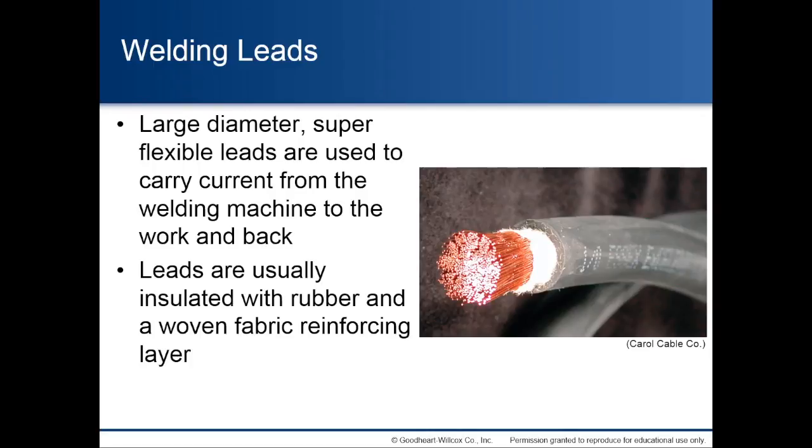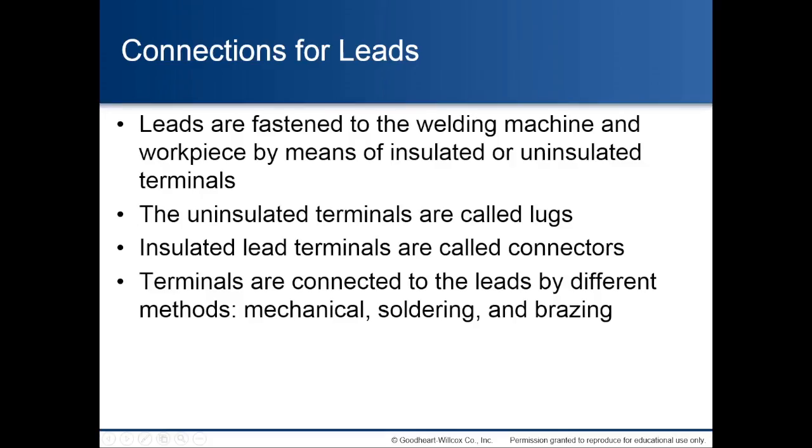Welding leads. Large diameter, super flexible leads are used to carry current from the welding machine to the work and back. Leads are usually insulated with rubber and a woven fabric reinforcing layer. Connections for leads.